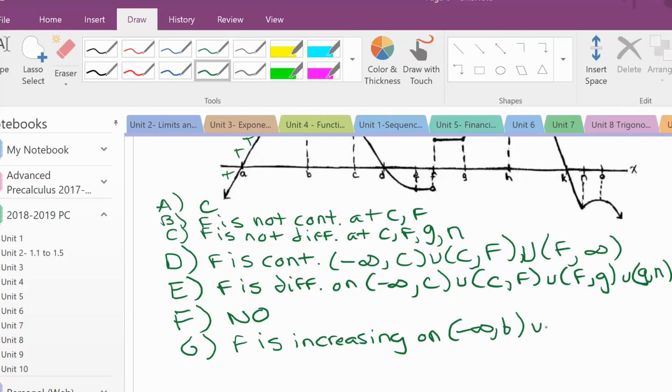It's also increasing from G to H. And then it's also increasing from N to O.